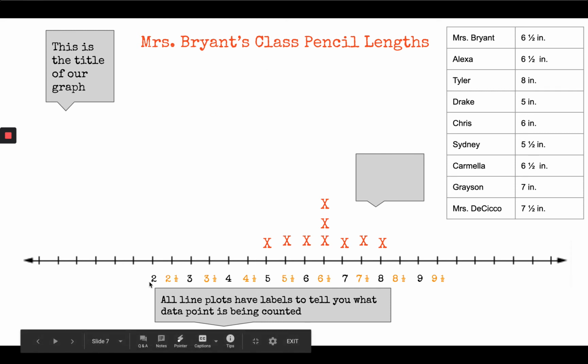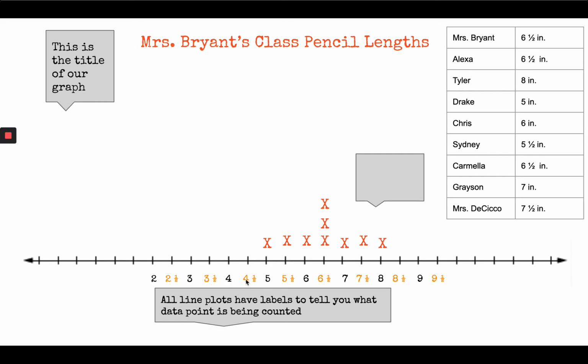Okay, so here are my labels. And this is going to be inches, right? We know that this is inches. I've got my 2, my 2.5, my 3, 3.5, 4, 4.5. Do you see how I did it by every ½ inch? And I went all the way to 9.5. I could have gone farther, but I just figured 9.5 was good.